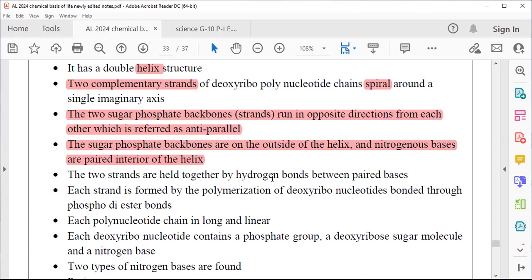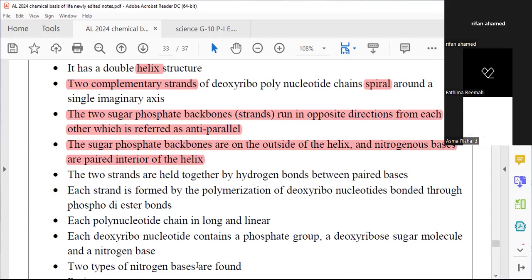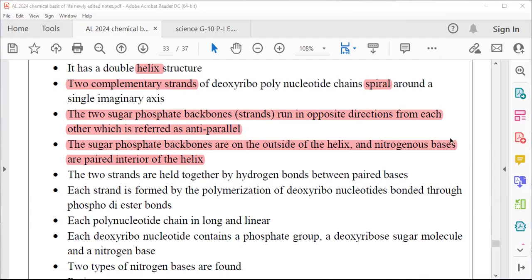The sugar phosphate backbone makes the outside of the helix. The center part is made by nitrogen bases.